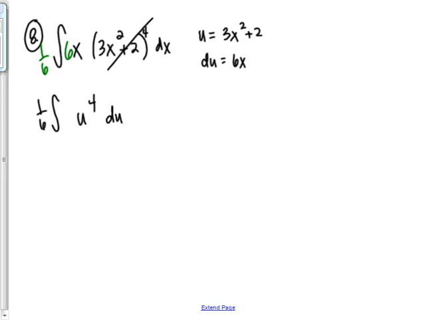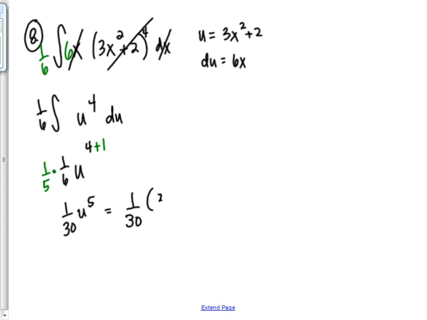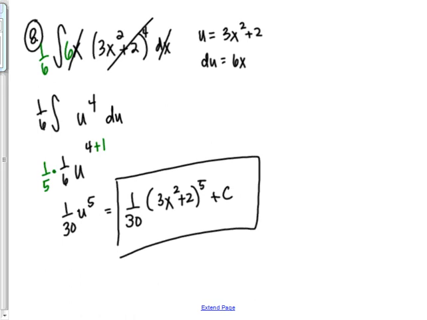And then now I can knock that out as my du. And then if I add 1 to it, I get 5. Dividing by 5 is the same as multiplying by 1/5. So I get 1/30 u to the 5th, or 1/30, replace it. 3x squared plus 2 to the 5th plus c. And we'll look at some more u substitution next time.